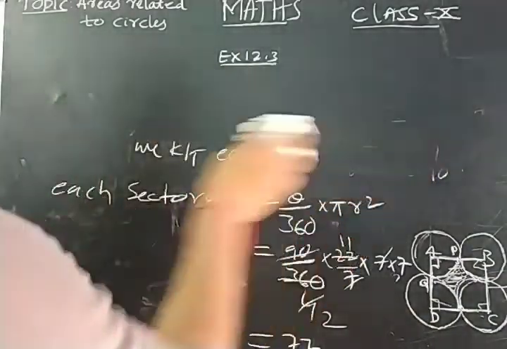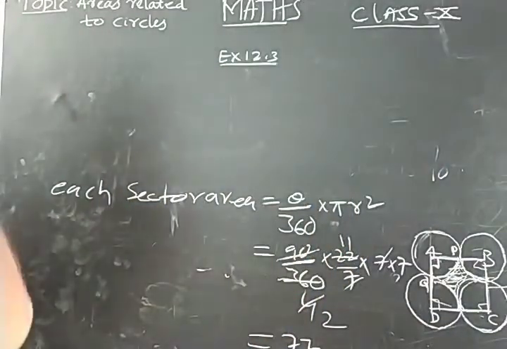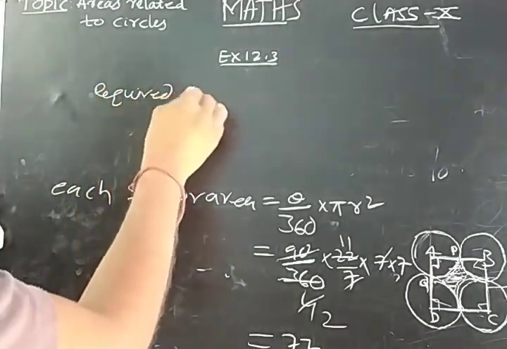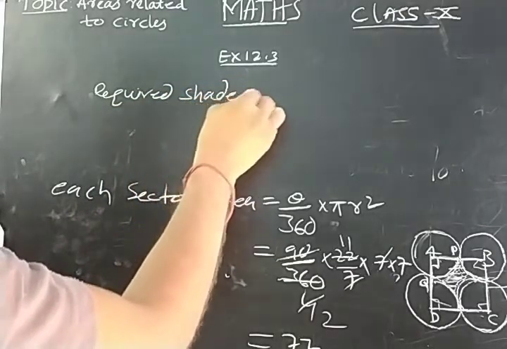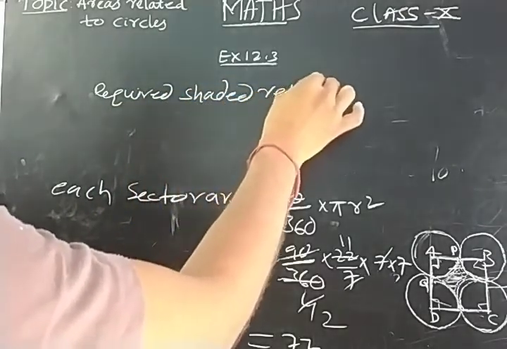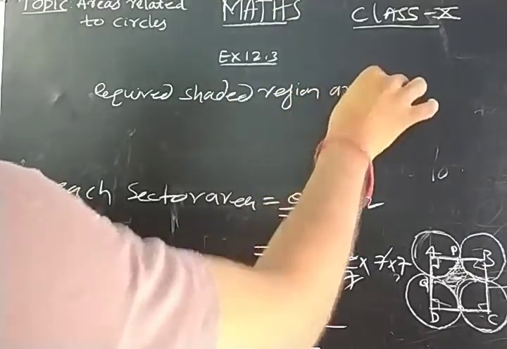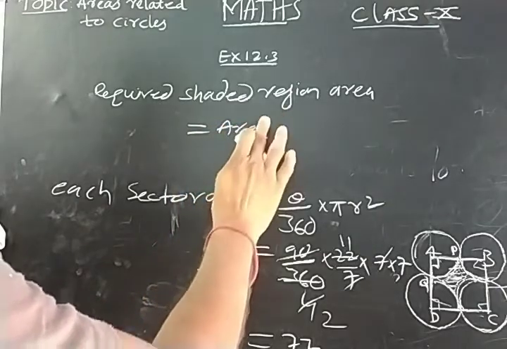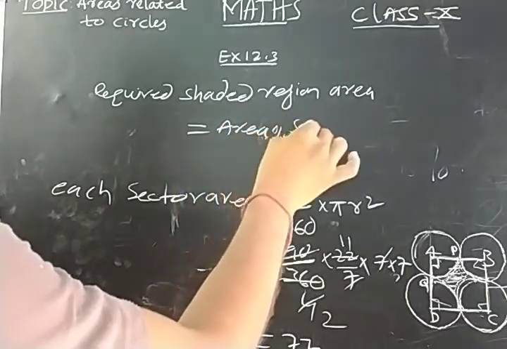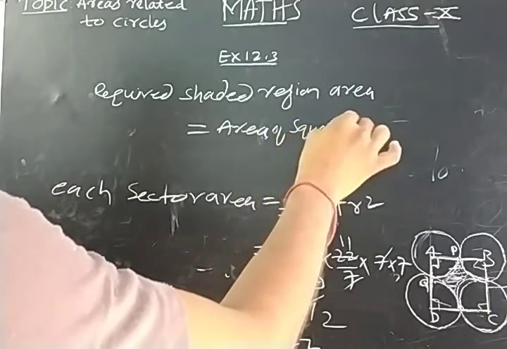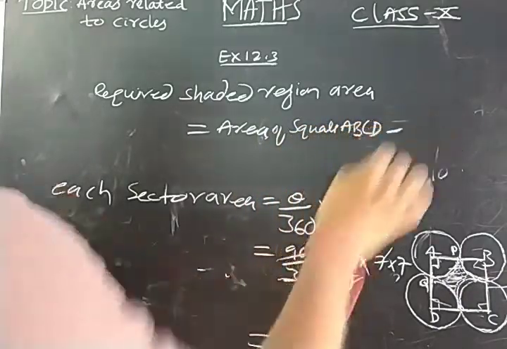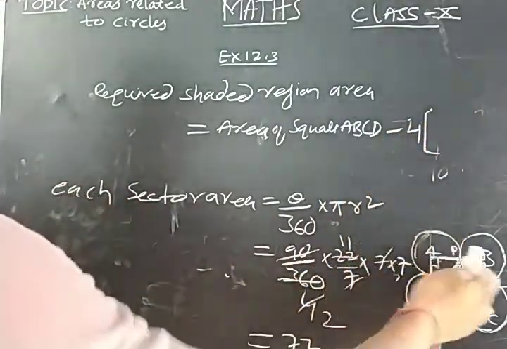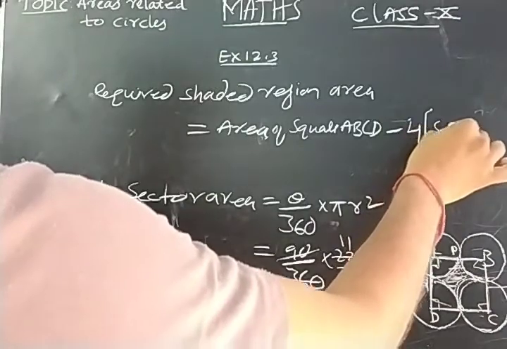Right? Now the required shaded region area is equal to the area of square ABCD minus 4 into sector area. Why? Because 4 sectors are there, no? 4 into each sector area.